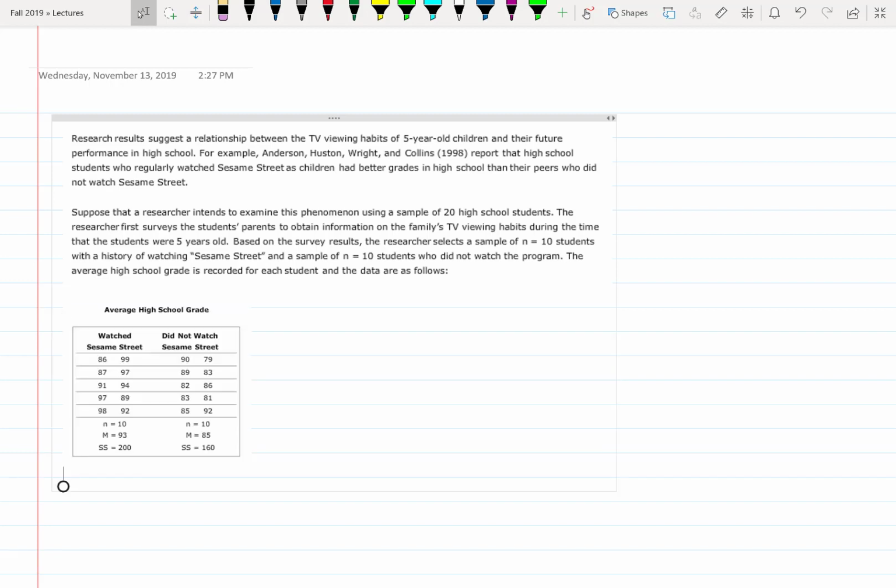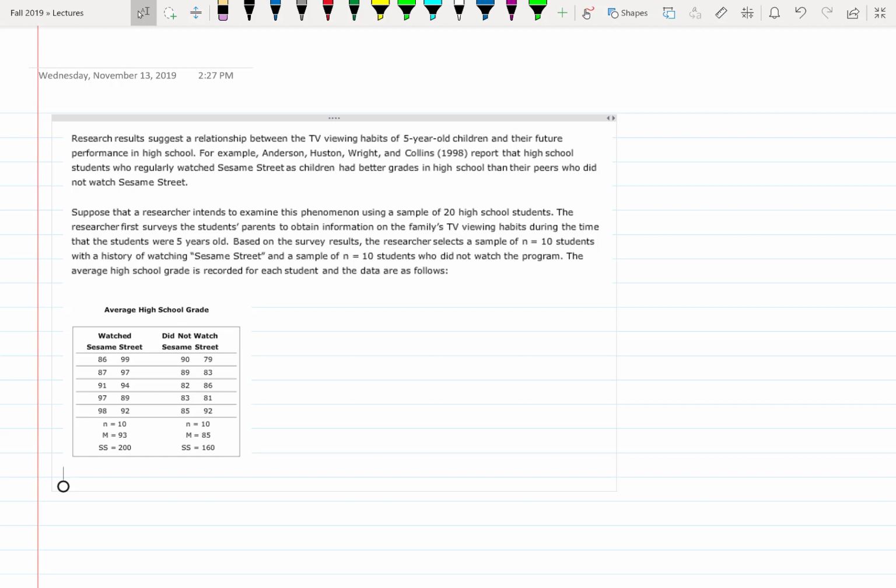Okay, so first question is, what kind of a problem do we have here? There are 3 or 4 different types of problems, depending on how you count. Do we have a single sample that we are comparing to a known population mean? No, we don't. We have 2 samples, 2 separate samples. So this is not an example of a repeated measures t-test or repeated measures design.